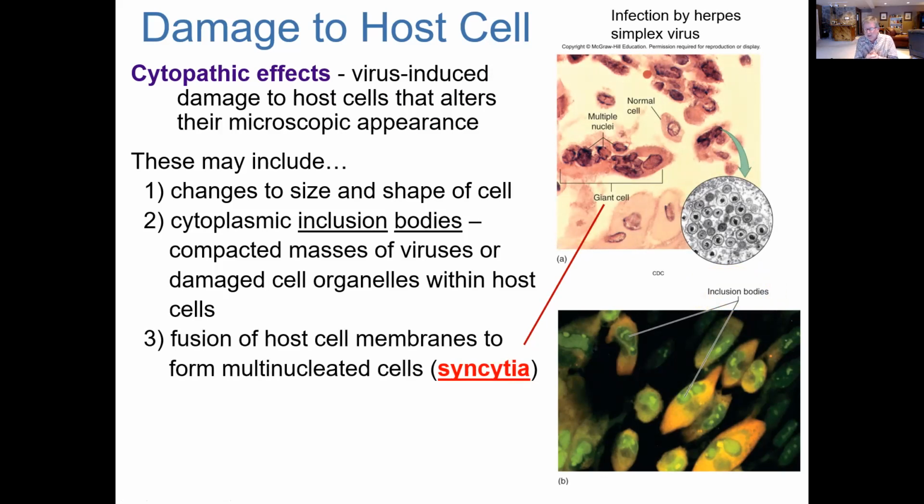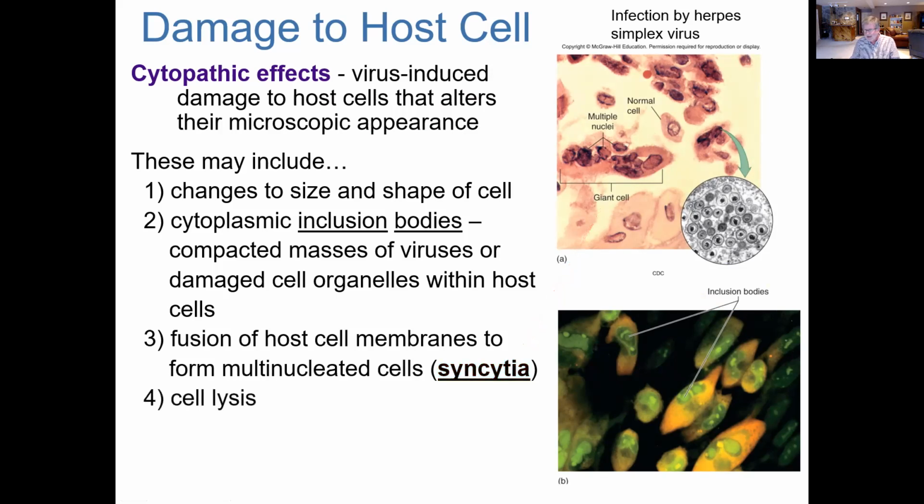This is really bizarre, but this is what the cytotechnologist would see under his or her microscope. You'd see these masses of quote-unquote giant cells, which were at one time healthy cells, but now are exhibiting this very kind of strange cytopathology.